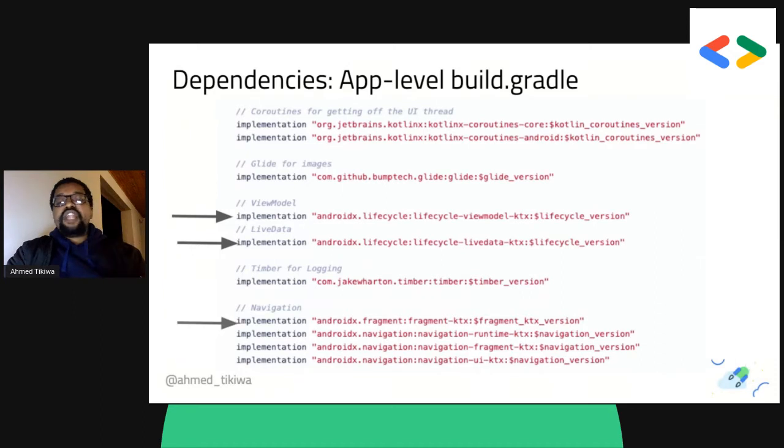And then particularly for navigation, as you can see there, I'm using Fragment KTX, which is actually optional. But in my case, I had some issues, which I'll delve into later, and so this was an attempt at trying to address those issues during the hackathon. But for navigation in particular, you need the navigation runtime, navigation fragment, and the navigation UI KTX libraries to be included.